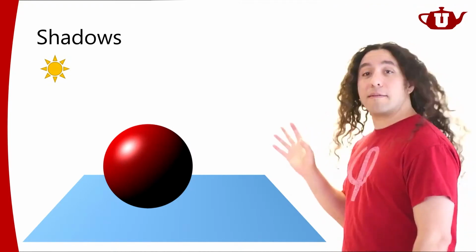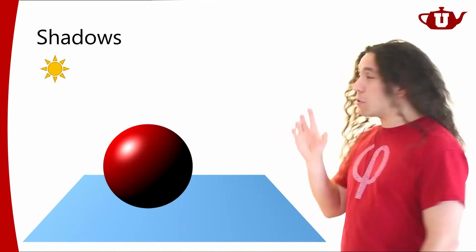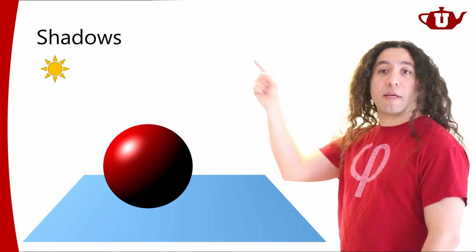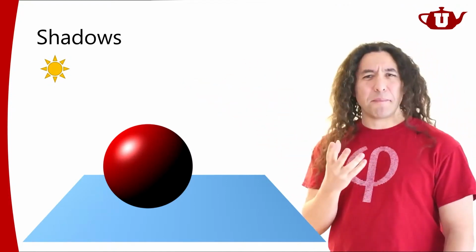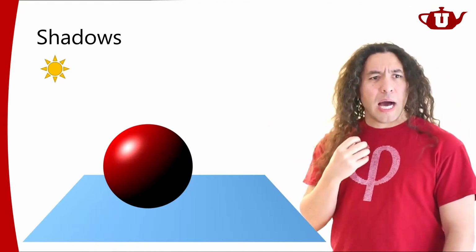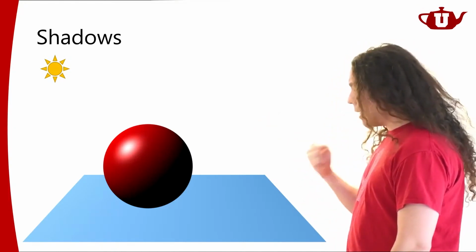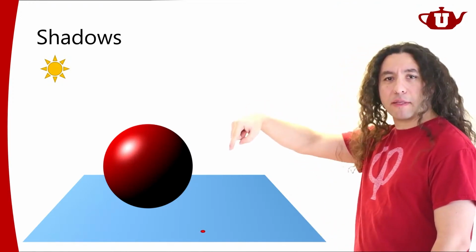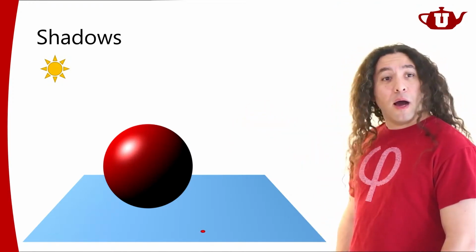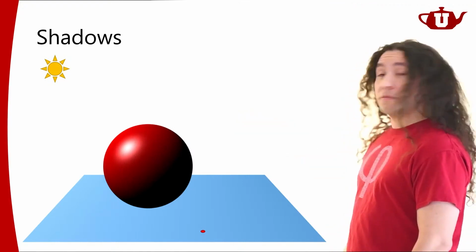So we said shadows are related to the light source, and we're going to have shadows where the light doesn't reach. So what does that mean? Let's pick a point in the scene. Let's pick a point on this plane over here. Is this point in shadow?